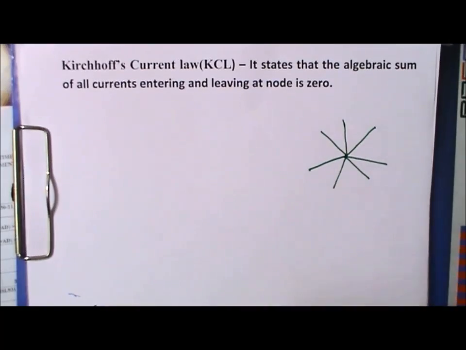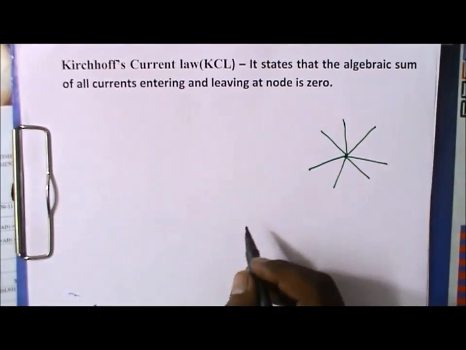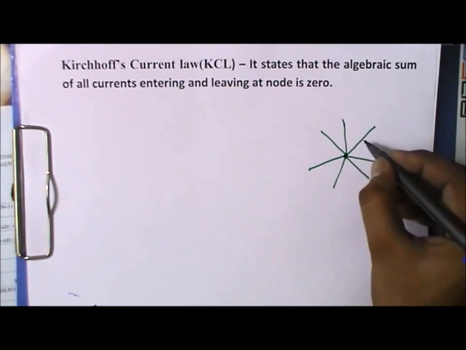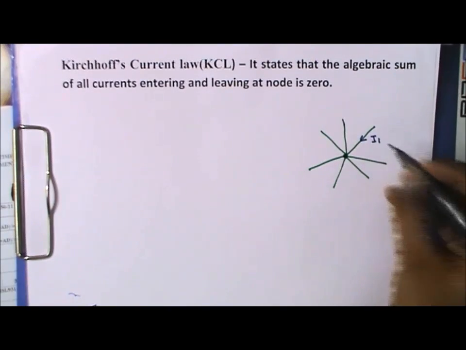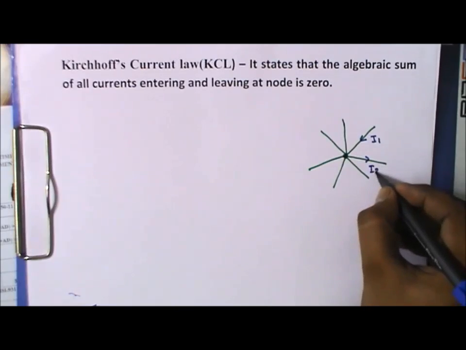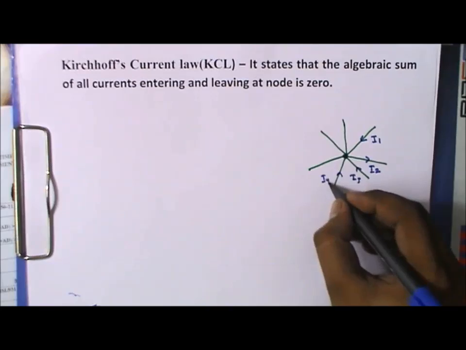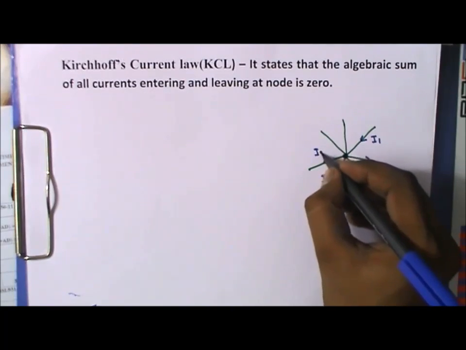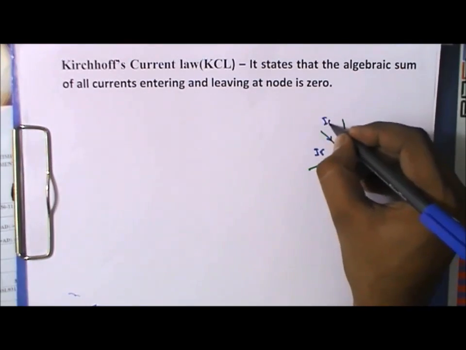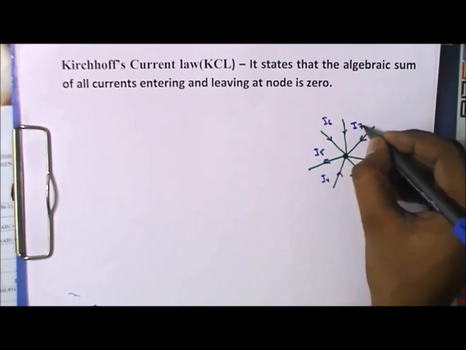So it states that the algebraic sum of all the currents, let us suppose this is a node where the current I1 is entering, where the current I2 is leaving. We can say that it is entering the node, or it is leaving the node.